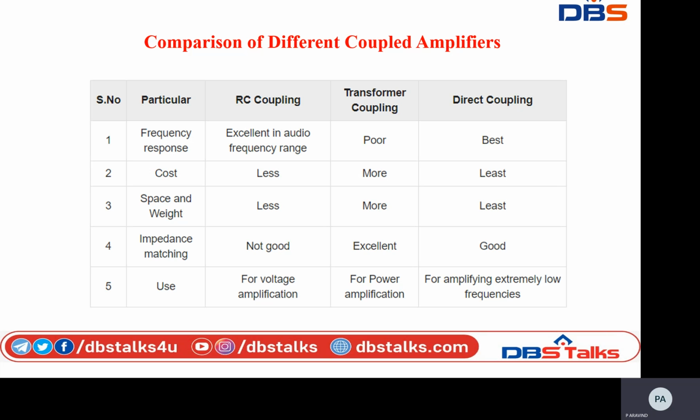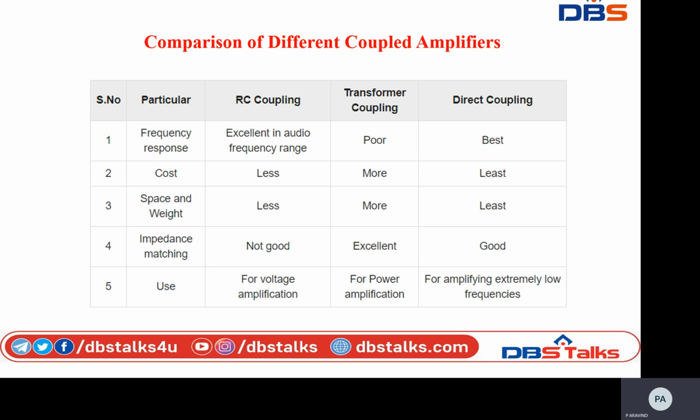The first one is the frequency response. In RC coupled amplifiers, the frequency response is excellent in the audio frequency range. In transformer coupling, the frequency response is poor. In direct coupling, the frequency response is good, nothing but best.